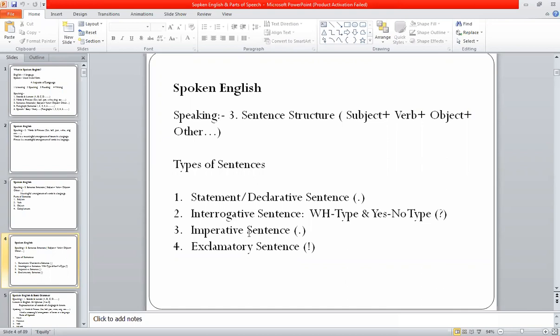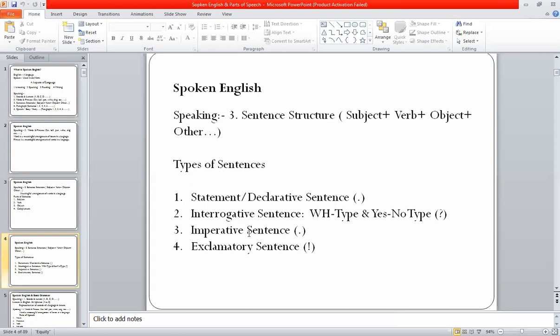Generally we use this word when we are speaking about crime. The police department interrogates the criminals, or they interrogate the victims also, for getting information.